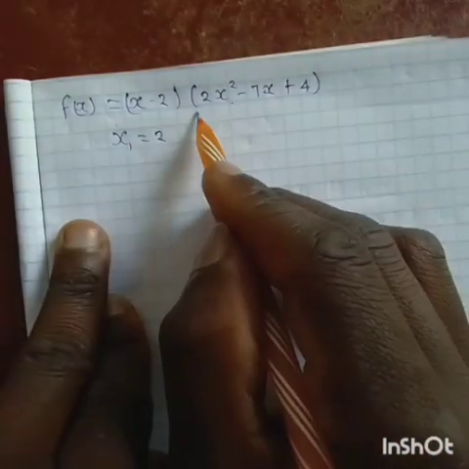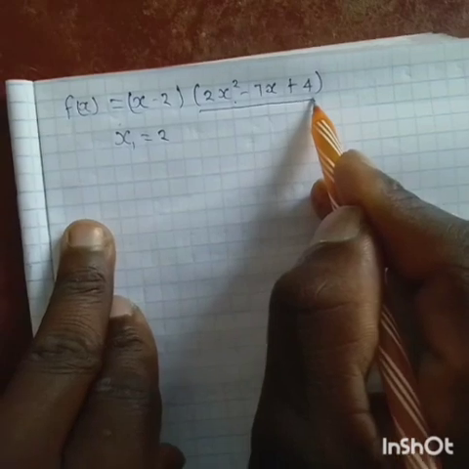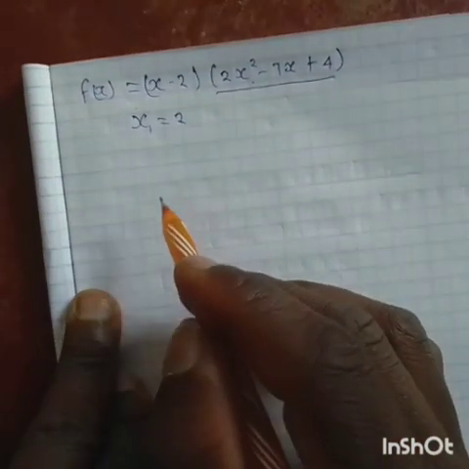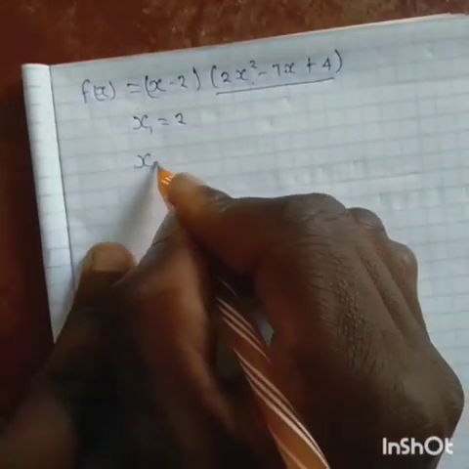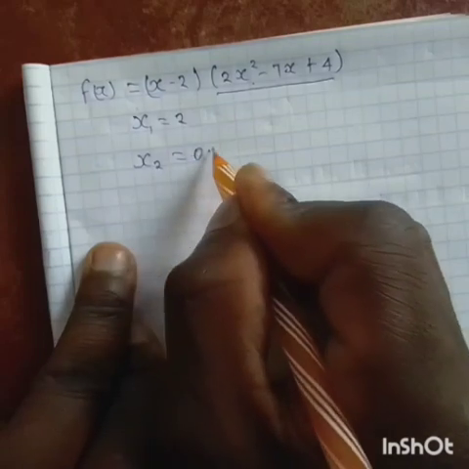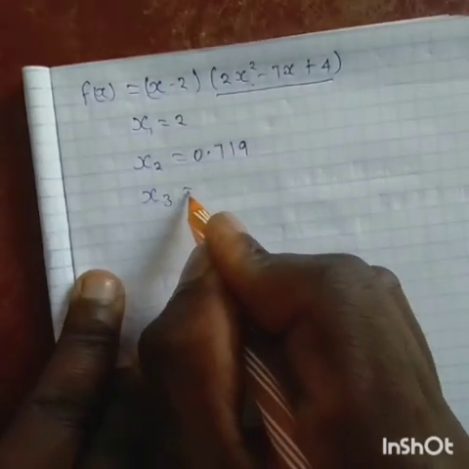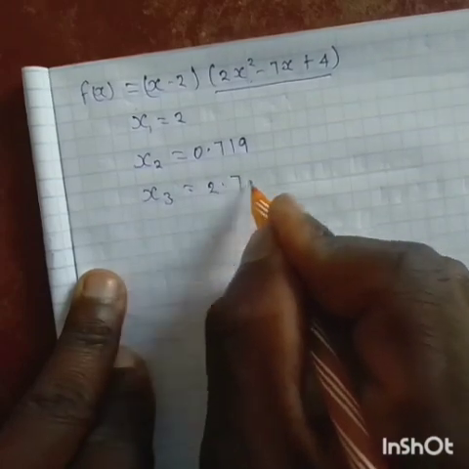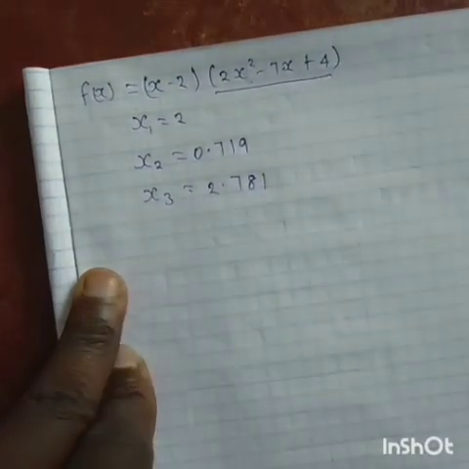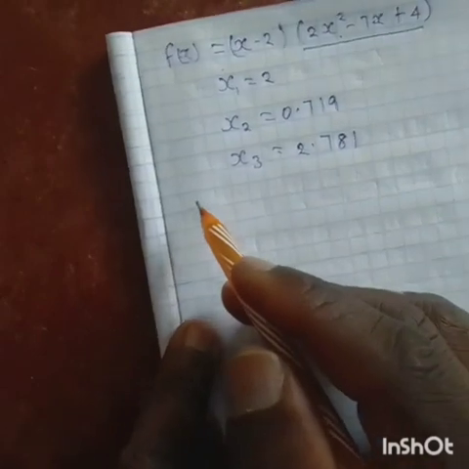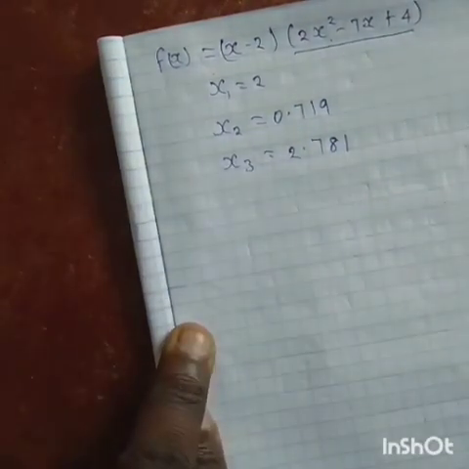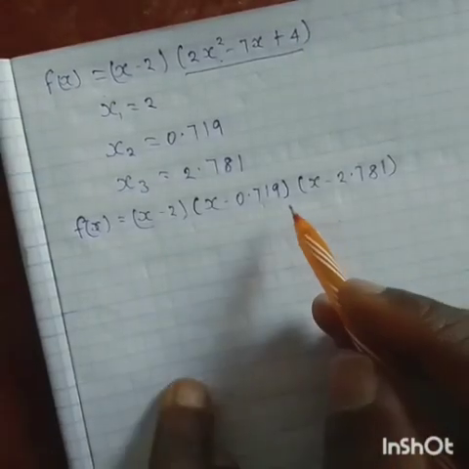By solving this quadratic equation using the quadratic formula, we found that x2 will be 0.719.